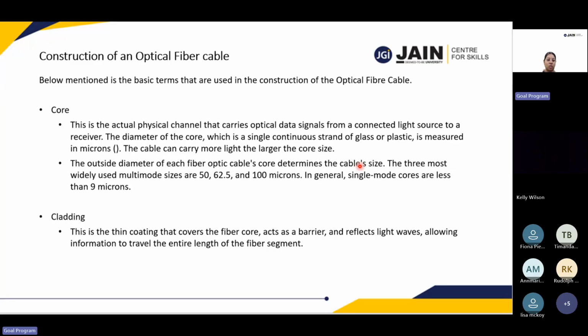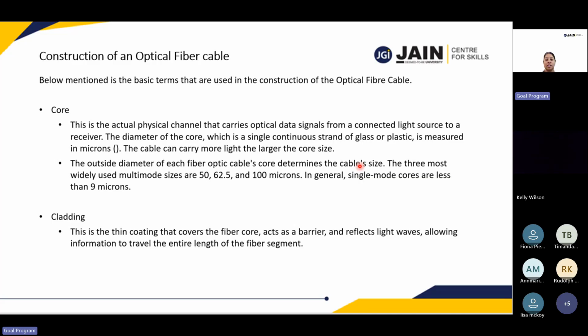Okay, fiber core. Core is nothing but your wire, the cable, made up of glass or plastic fiber. So that is the core here. It is covered with a thin coating called cladding. What is the use of it? It acts as a barrier.